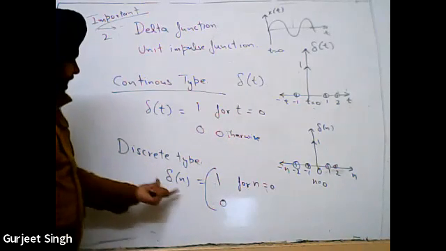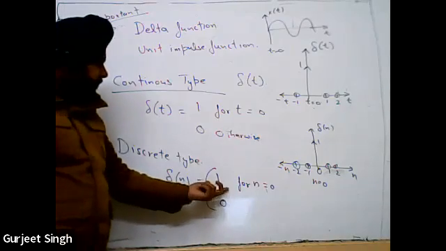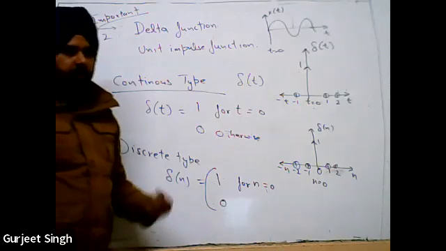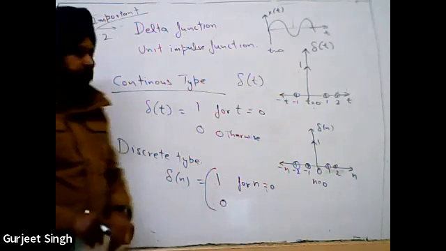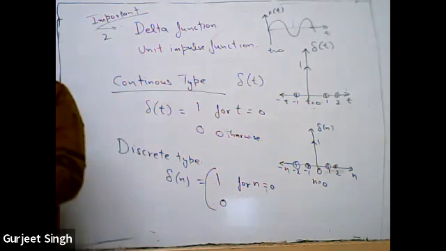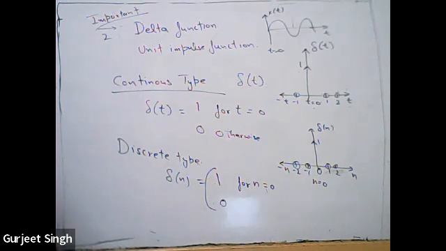Similarly, in discrete type, it is represented by delta(n), and its value is 1 for n equal to 0. Its value is 0 for the other positions. So this is the delta function we are using in the numericals of signals and systems.